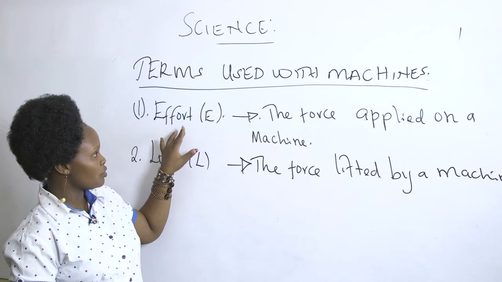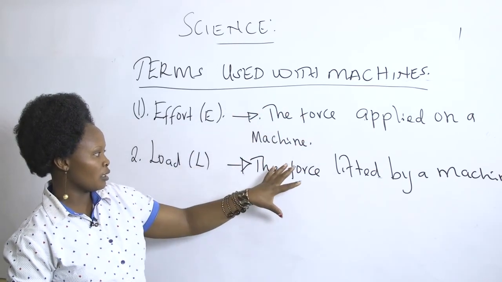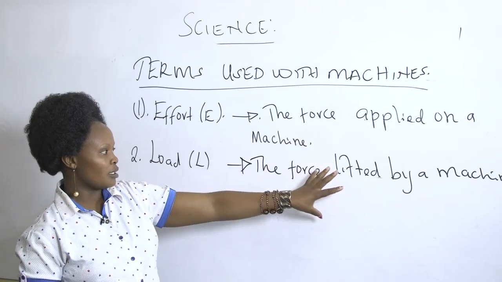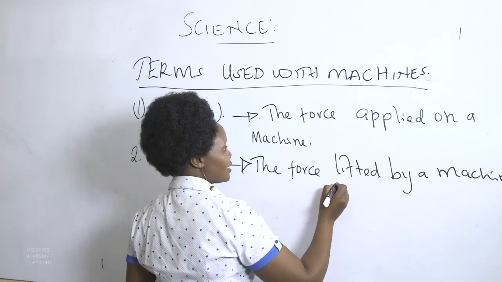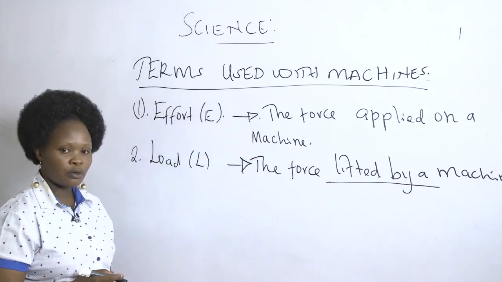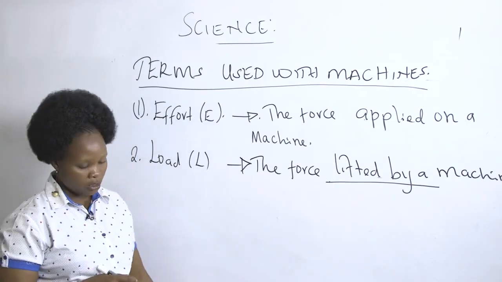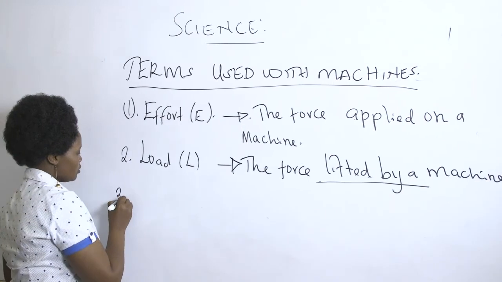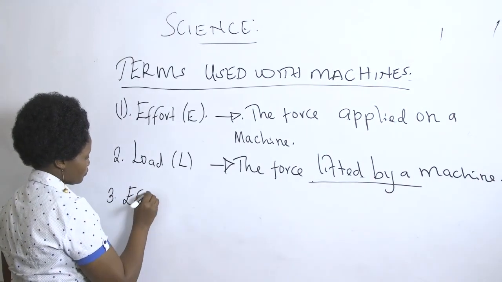You apply some force on a machine which we expect is going to be increased in magnitude and output as a bigger force. And that is the force we are going to use to lift our load, if that is what we are after.